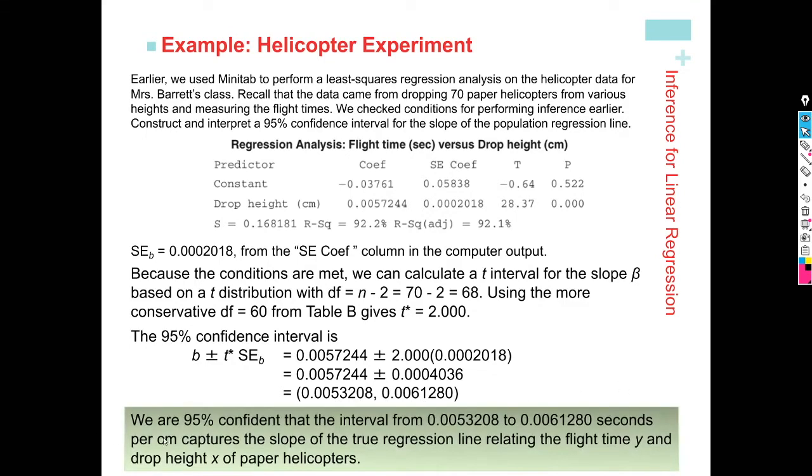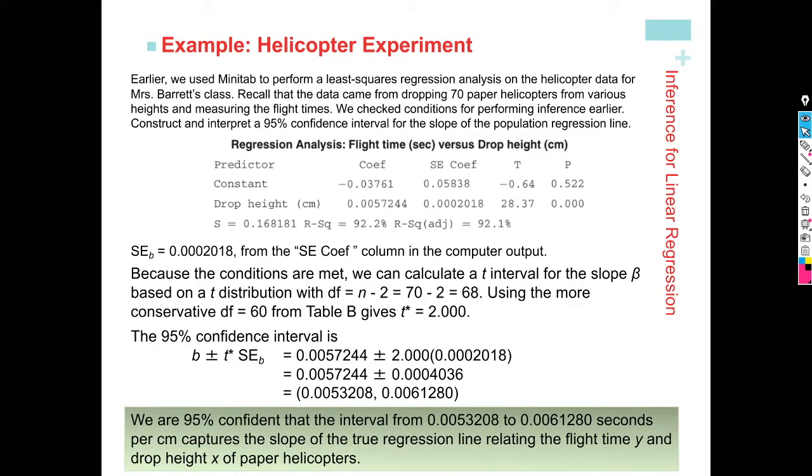And then we can interpret. We are 95% confident that the actual slope of the population falls between these two values. And this basically gives the same four-step process of the confidence interval for estimating the slope of a regression line. That's what we're doing.